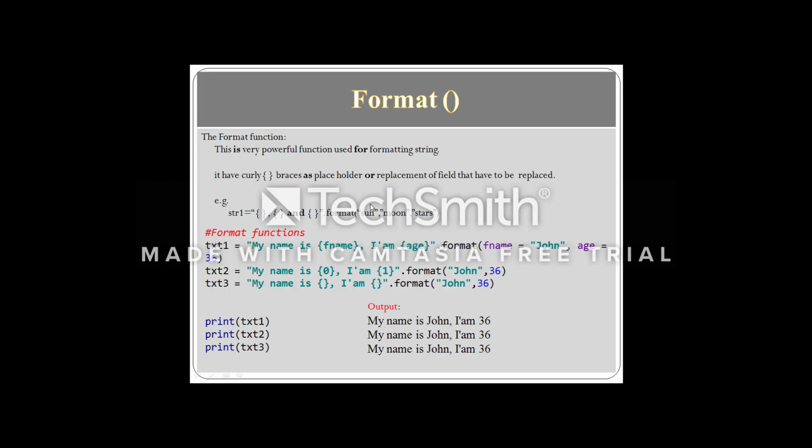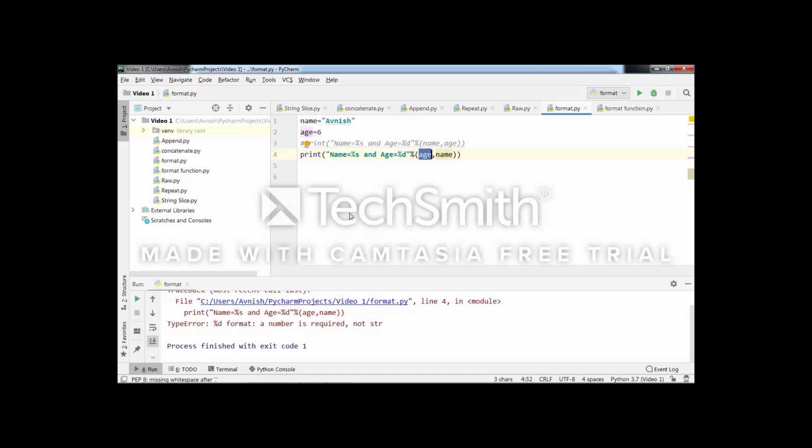These arguments or words we can print in a user-defined sequence using this format operator. In this case, these curly braces act as placeholders for the arguments which are stored in the format function. We will see one example of the format function.